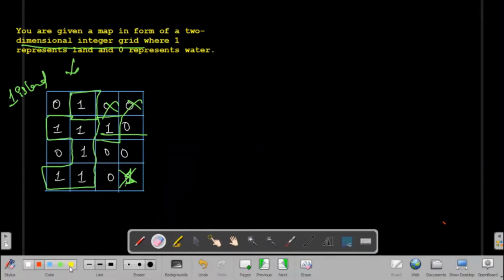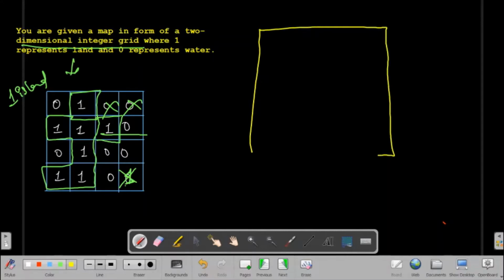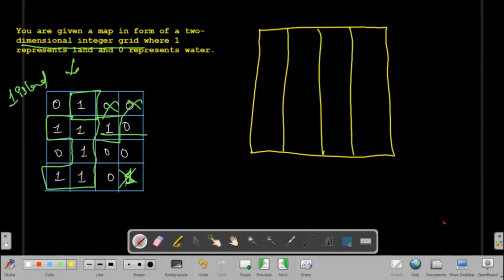Okay, let me draw this table again so that it will be very clear. The diagram is not that good, but we can have a pretty good diagram.